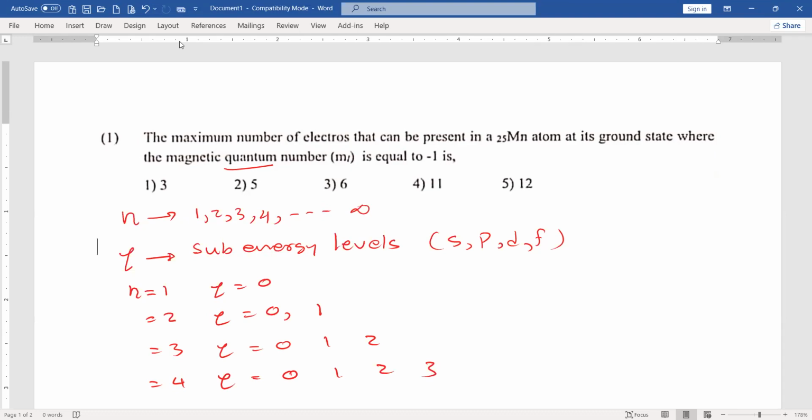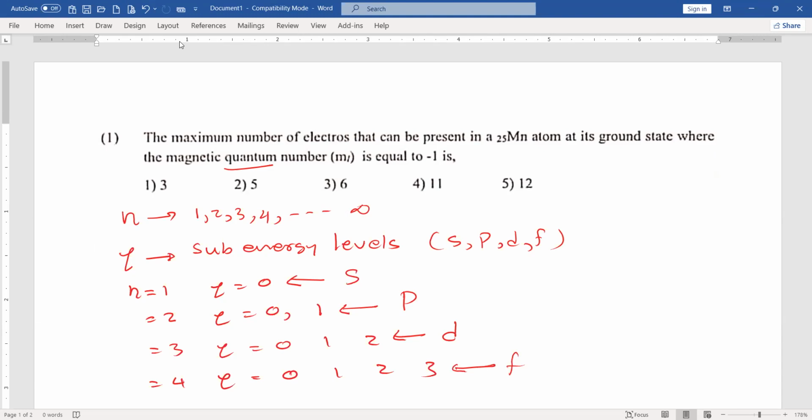So on. 0 represents the S sub-energy level, 1 represents the P sub-energy level, 2 represents the D sub-energy level, and 3 represents the F sub-energy level.